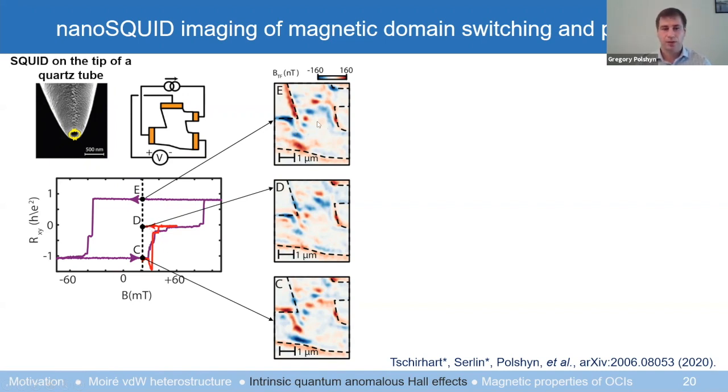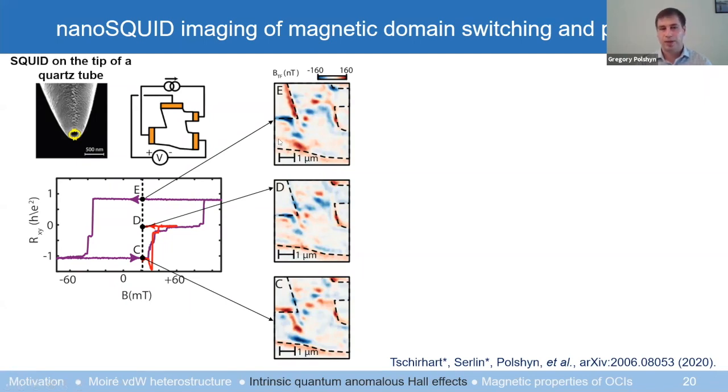As you can see, the magnetic signal, which in this case is a derivative of the locally sensed magnetic field, shows a number of features, both in the interior of the device and at the edges. It turns out that some of those features have non-magnetic origin and arise because the squid also couples to temperature and electric field gradients.